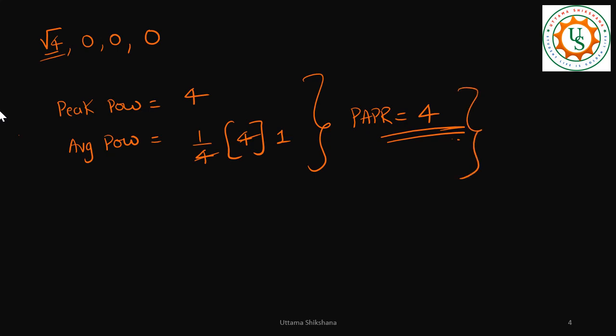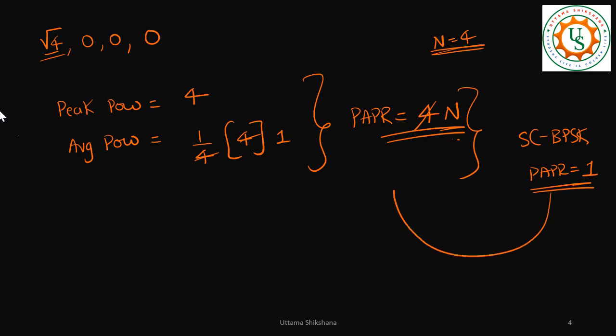So PAPR is 4. In general, this is actually N point, right? N is equal to 4 we had taken. So this will be N for an OFDM system. For a normal single carrier BPSK system, our PAPR value was equal to 1.